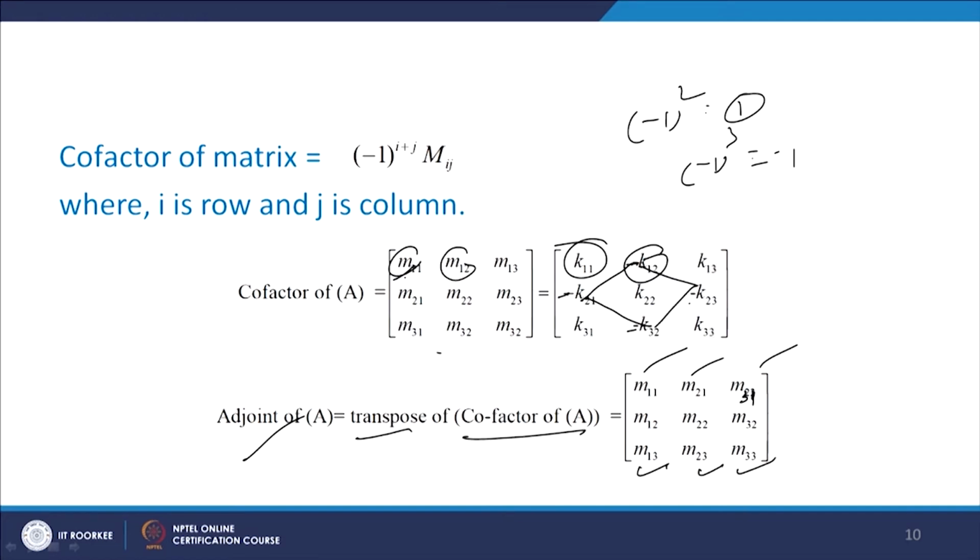That is, here M11, M12, M13, M21, M22, M23, M31, M32, M33, and now you transpose these elements. That means M11, M21, M31, M12, M22, M32, and lastly M13, M23 and M33. In this way we have got the adjoint of A.